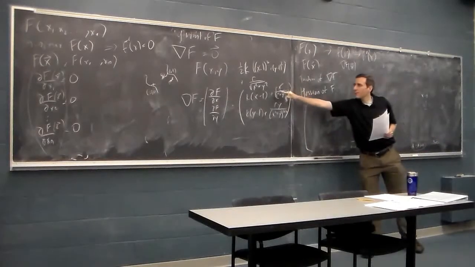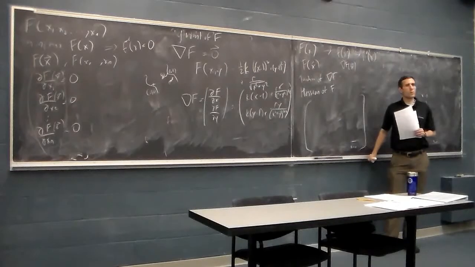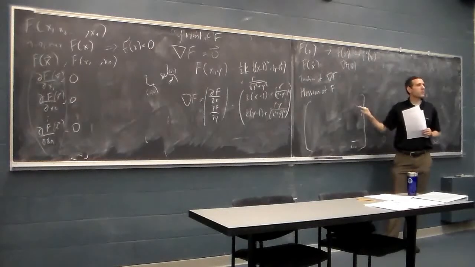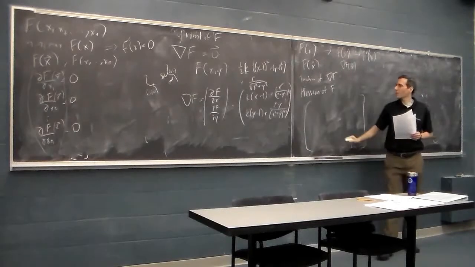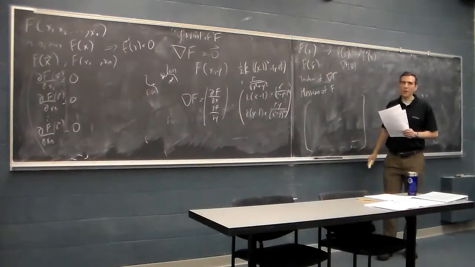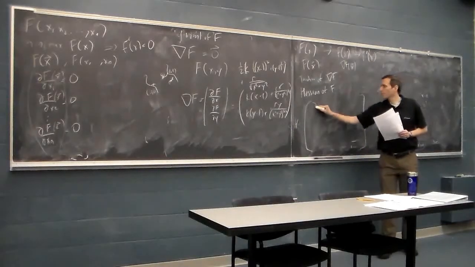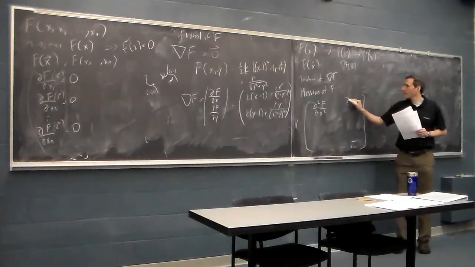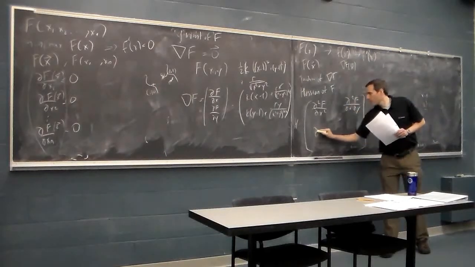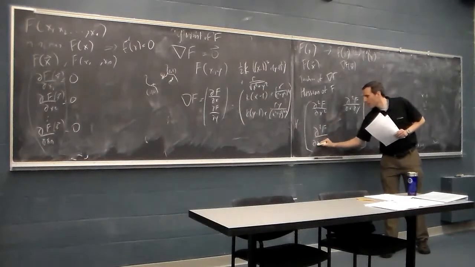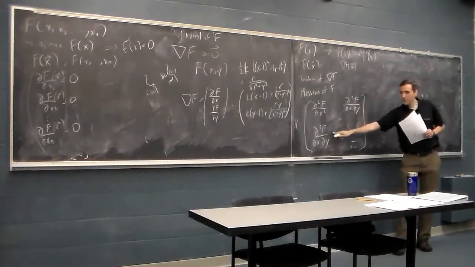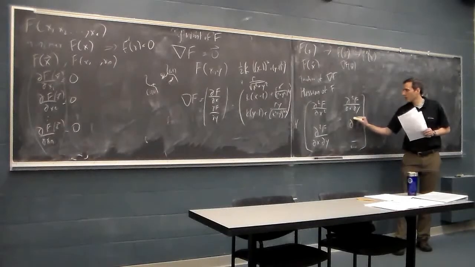Just as the gradient is a vector of the first partial derivatives, the Hessian is a matrix of the second partial derivatives. So in other words, if we are doing a two-variable equation, the Hessian, call that H, is going to be equal to the second partial derivative of f with respect to x, the second partial derivative of f with respect to x and y, the second partial derivative of f with respect to x and y again. These two terms will be symmetric. In general, this will be a symmetric matrix. And then the second partial derivative with respect to y.